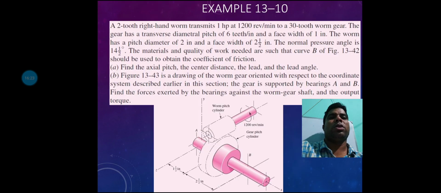And now this is the worm gear problem, and this problem you have to follow in your home practice or homework. I think all the process, all the parameters, all the design related formulas I have already explained. If you follow them properly, you can easily solve this problem.